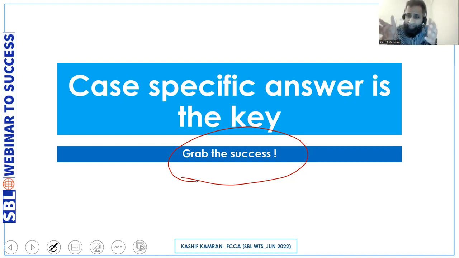But if 80 to 85% of your answer is linked with the situations, the environment, the challenges, the obstacles, the story of the case study, and only 10% of the answer is generic, you are grabbing the success in SBL. I hope this message has gone to all of you, and has been reinforced over the last 4 days. Case specific answer. Try to find and develop a point from the case study. Even if you're writing a benefit, advantage, or drawback, link that to the case study. Are you on it, all of you? Okay, moving on.